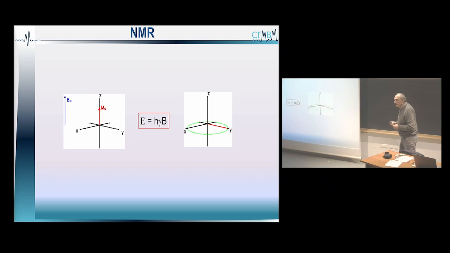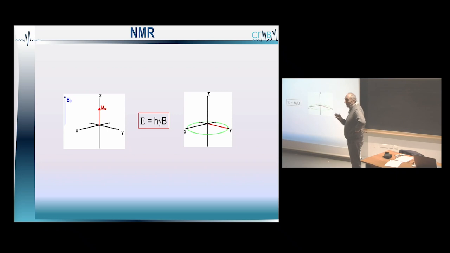Sorry, I probably missed the point. But if there's the same number of nuclei that are upward spin and downward spin, then M0 should be 0. It is 0 in that situation, but not here. Why not? Because when you put B0, you don't have the same number.